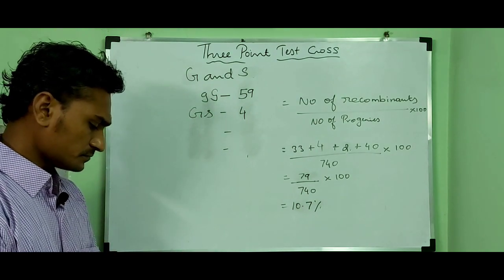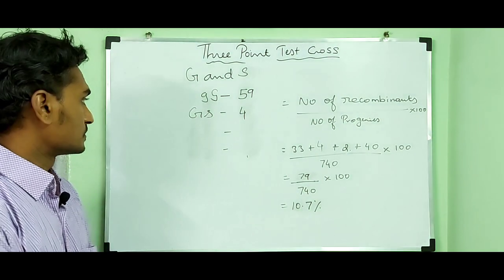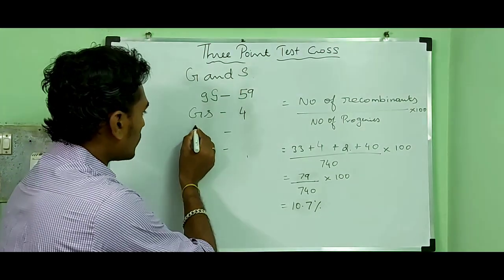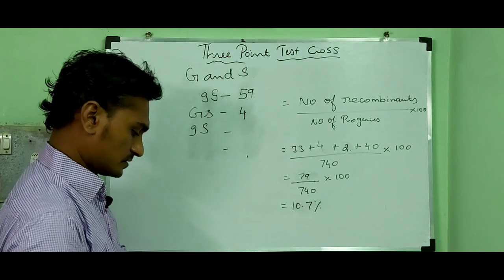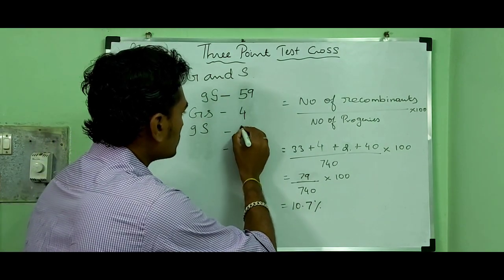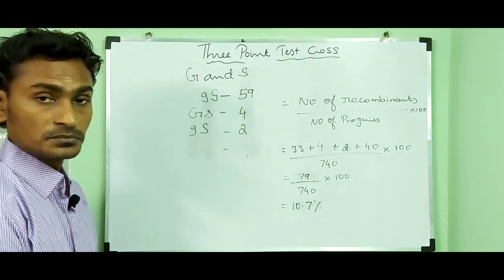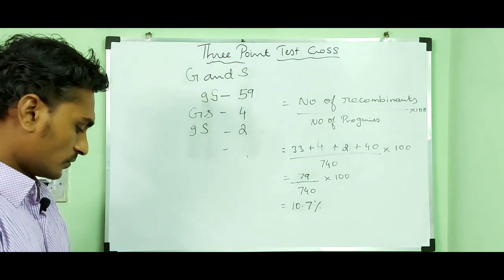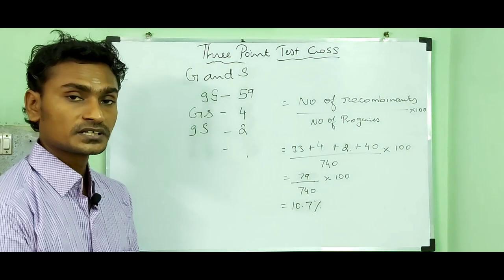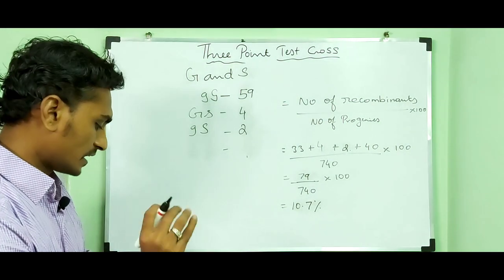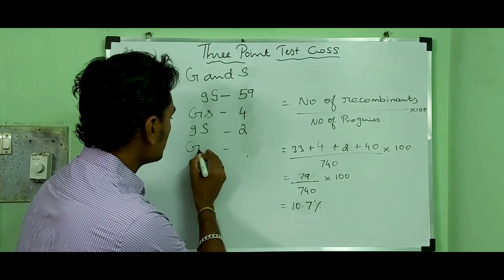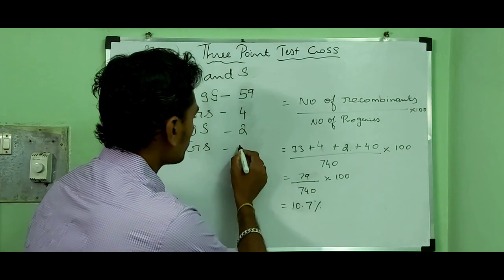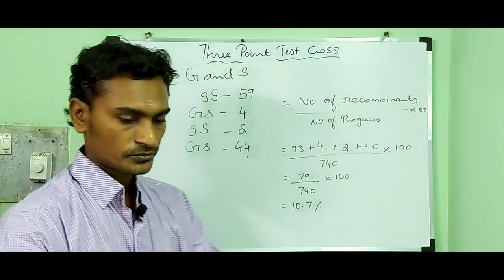Then lazy, glossy, the gamete type is small g, capital S, and the number of recombinants is 2. Then the final one, the phenotype of the recombinant is lazy sugary, the gamete type is capital G, small s, and the number of recombinants is 44.